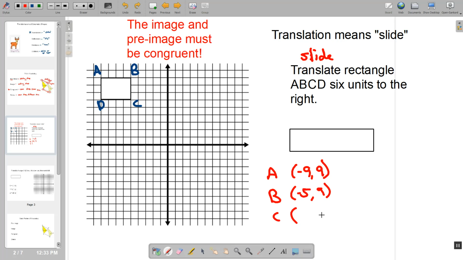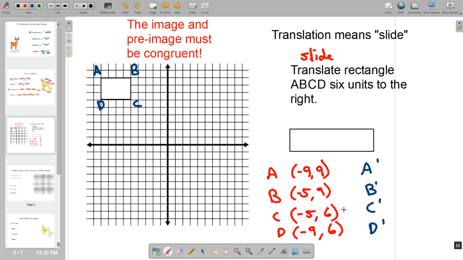Point C is 5 back and then 6 up, which would leave point D as 9 back and 6 up. So there are 4 points. We are now looking for A prime, B prime, C prime, and D prime.